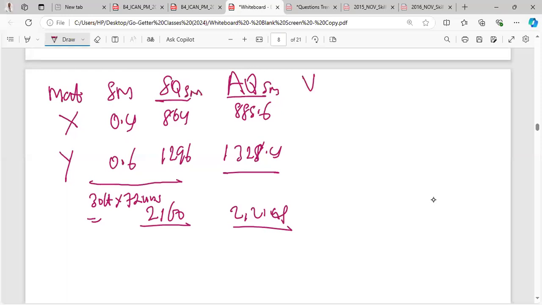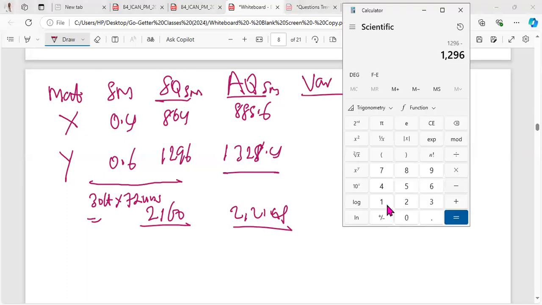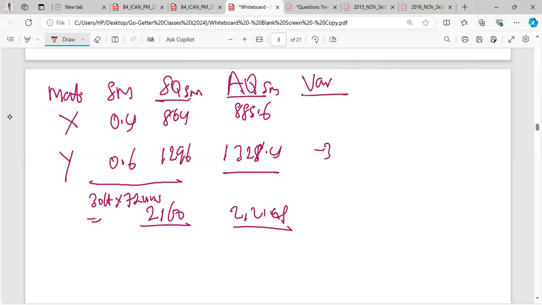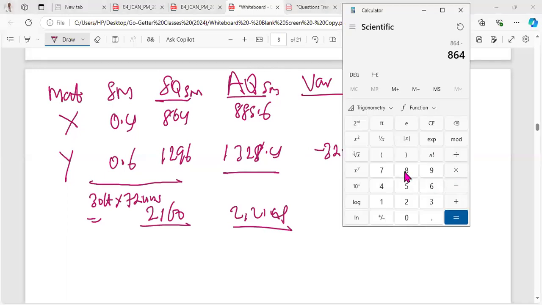This is the variance. So we have 1296 minus 1328.4. That gives you minus 32.4. Then we have 864 minus 885.6.